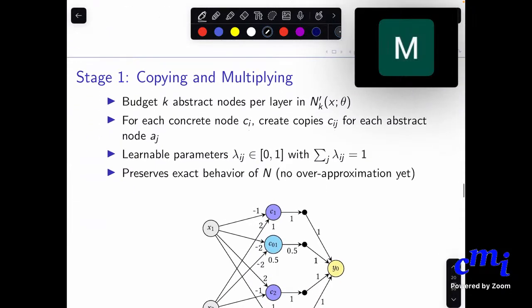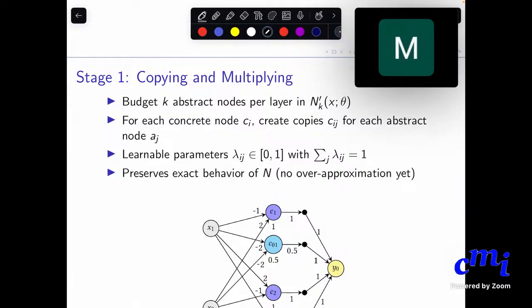So suppose we have this budget, like each layer should have k abstract nodes. For each concrete node Ci, we'll create a copy Cij for each abstract node Aj, and we will multiply the output of them with the learnable parameter lambda ij, belonging to the range of 0 to 1, such that the summation of lambda ij is equal to 1.